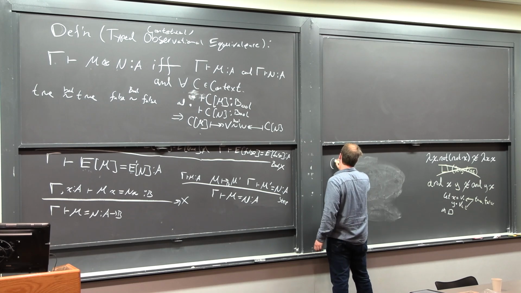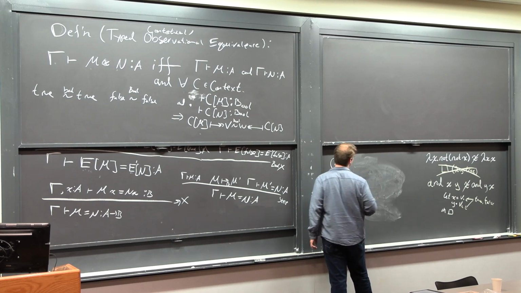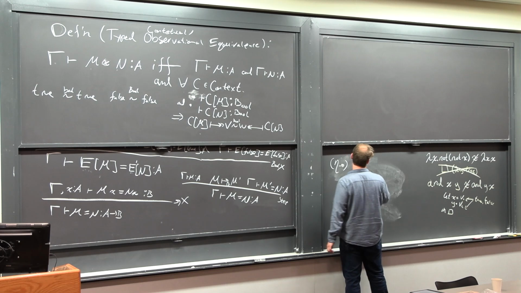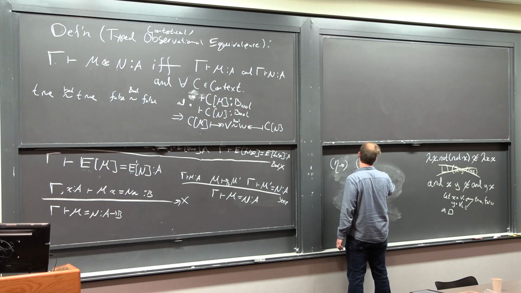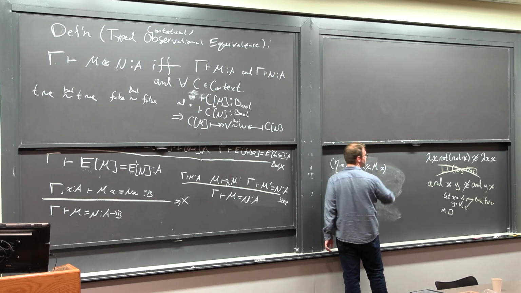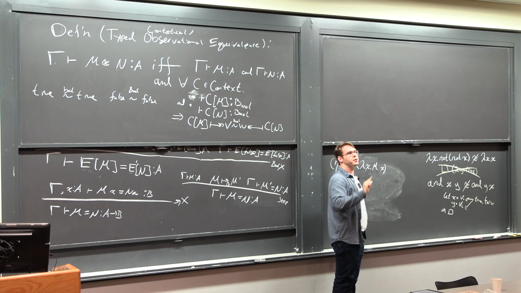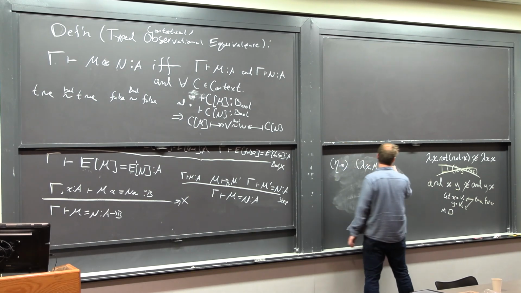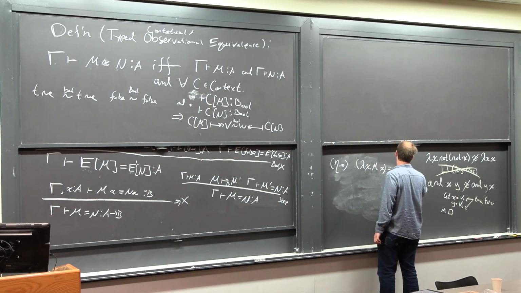So the eta law for functions is what? If I have a function defined as taking an input x and then just passing it to m, if I never use that x again, then it's the same thing as m, right? I haven't changed anything. So this is equal to m.